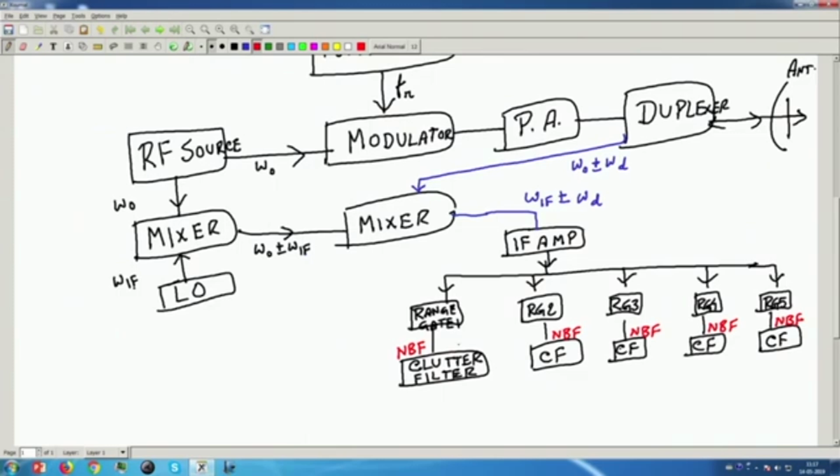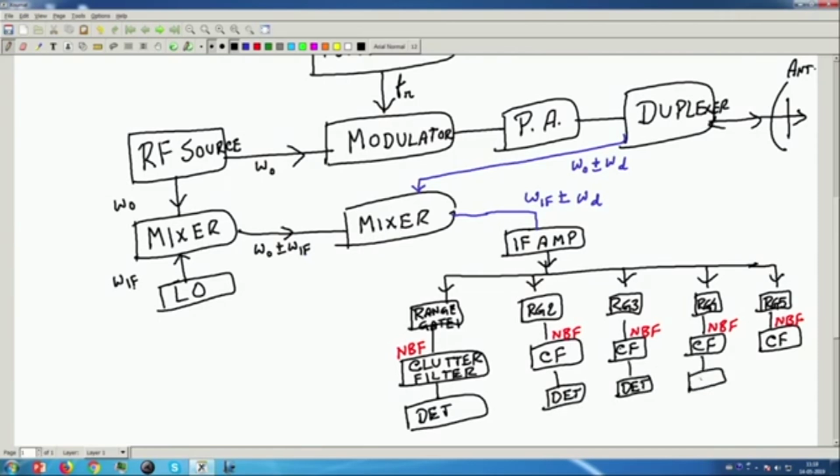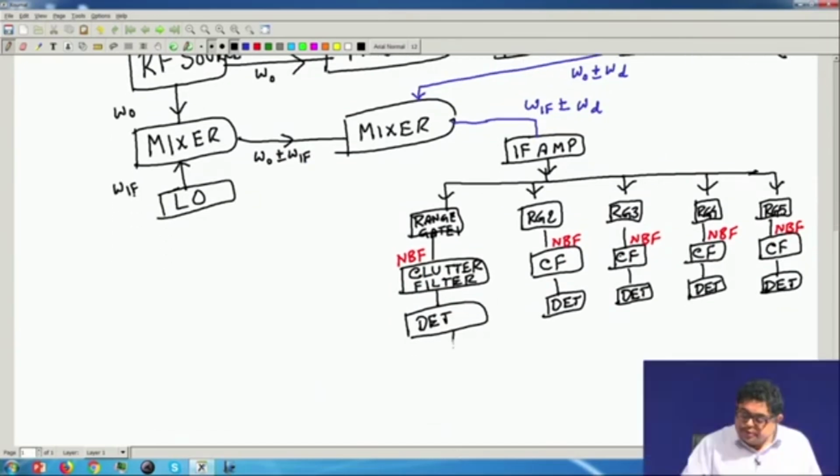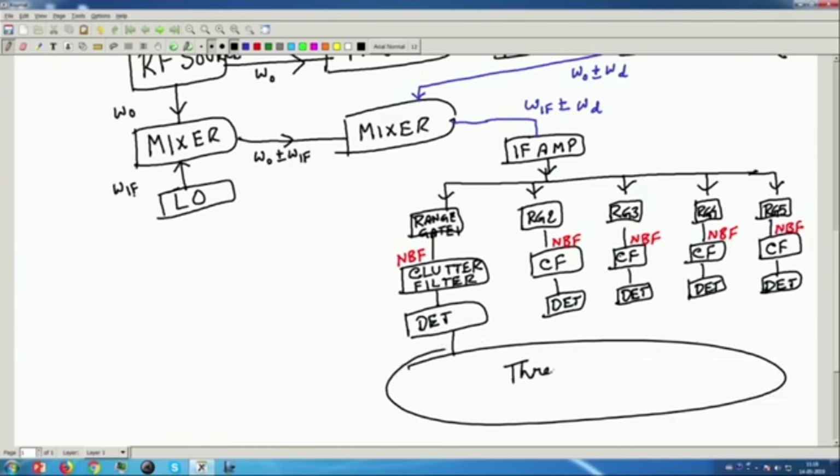So, this narrow band filter, and then after this as usual the detectors. Then after that there is a threshold detection to remove the various other false alarms.